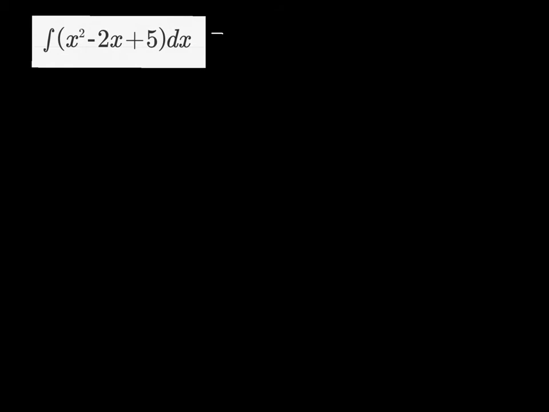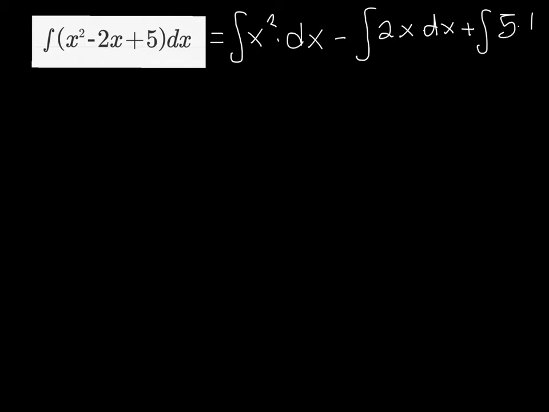So I'm going to rewrite this as the integral of x squared times dx, and dx is very, very important, otherwise you wouldn't be able to obtain the integral of a function if you don't have the dx, minus the integral of 2x times dx plus the integral of 5 times dx.